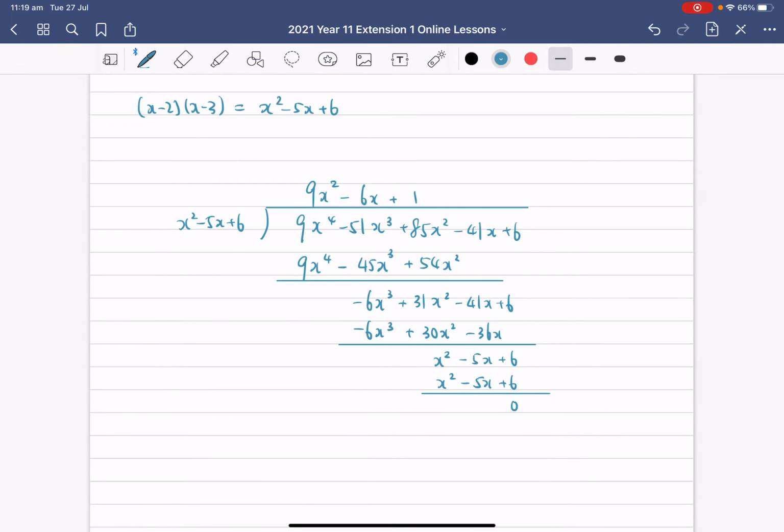All right, so now we have two factors here. For the divisor, we already know it can be factorized into x minus 2 and x minus 3.